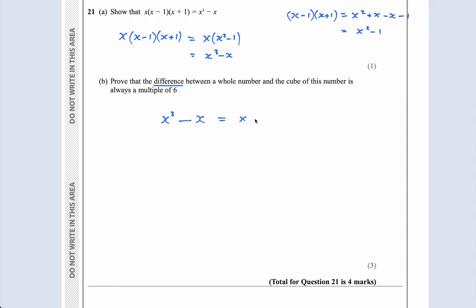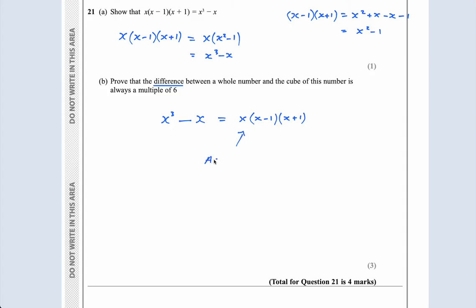This is x times x minus 1 times x plus 1. So these guys are consecutive numbers.